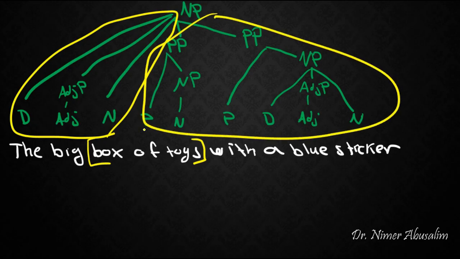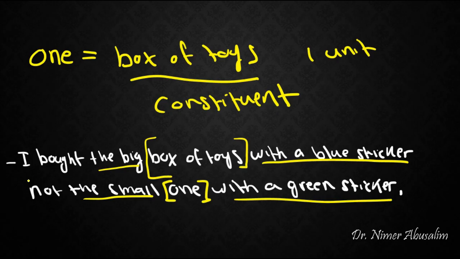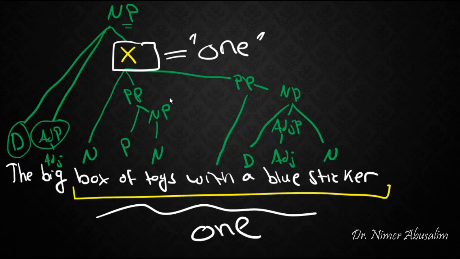What would stop us from doing that? Great, so now back to this sentence here. We want box of toys to form a constituent. So here's where we're at so far in our structure. Apparently, even with this intermediate X node here, that's still not enough, because X here has as its constituents box and of toys and with a blue sticker.